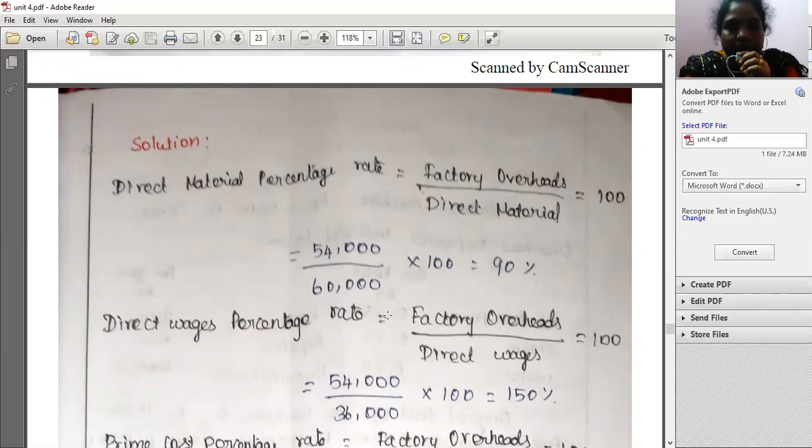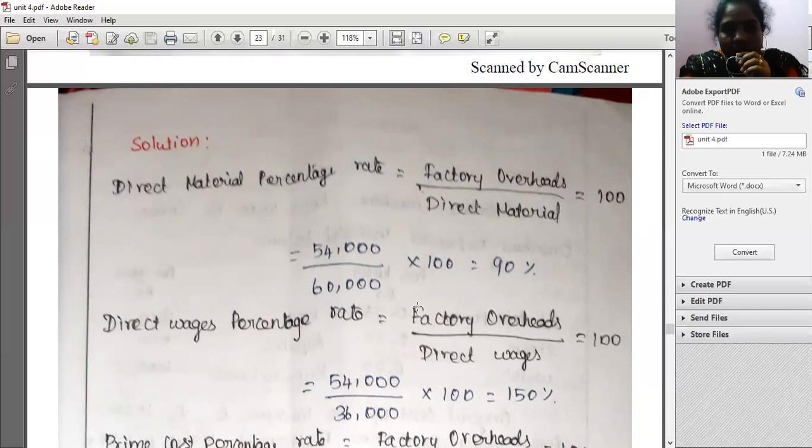Again and again, the numerator is the same in all the problems, all are factory overheads. The denominator is whatever information is given in the problem and whatever value you have to find out, such as direct material, wages, prime cost, whatever it may be.